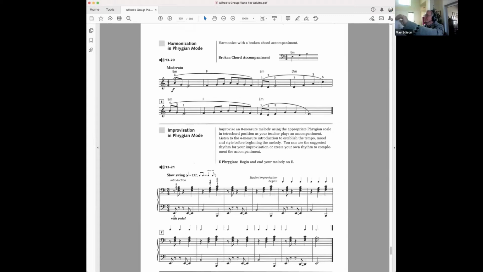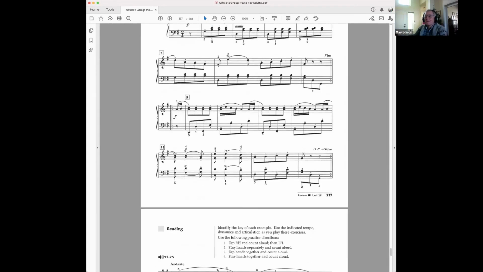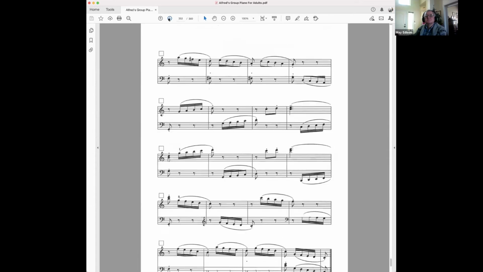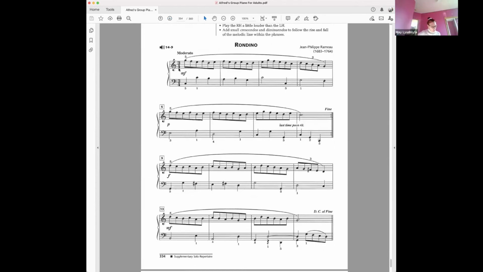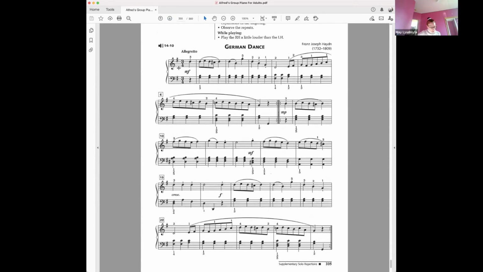I went to the wrong page. It should be 335, German dance.